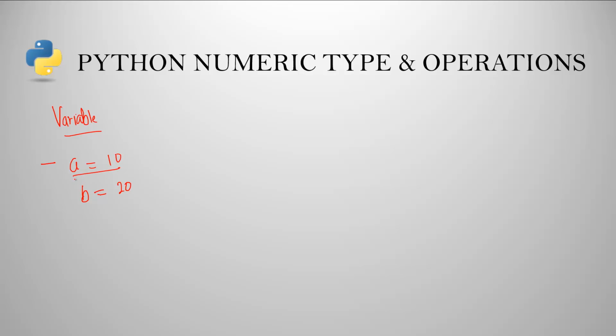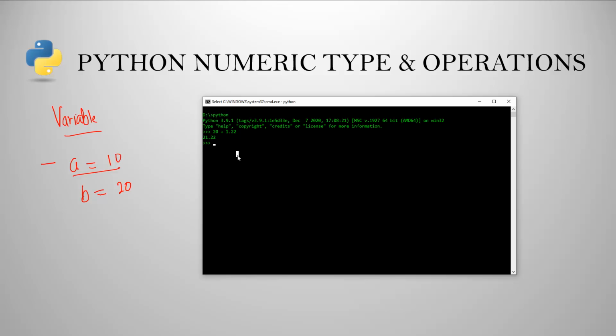Let's use our new integer objects in some expressions. Here a is equal to 10 and b is equal to 20. At this point the values of a and b are still 10 and 20. If you want to see, you can print a and b.